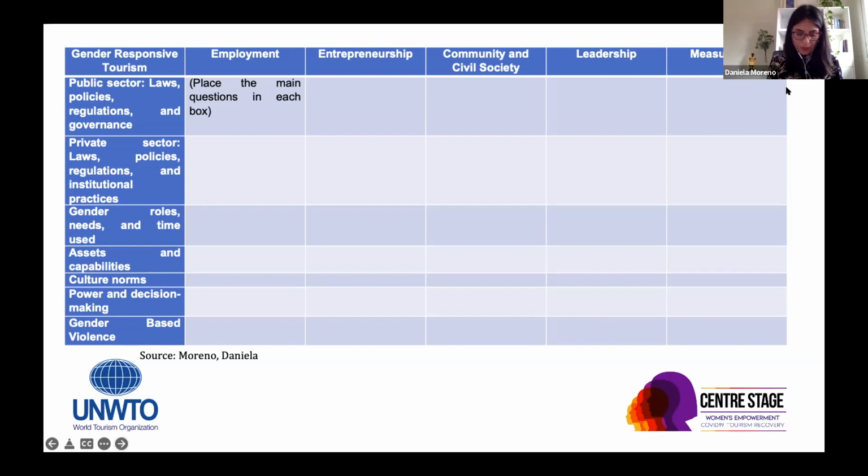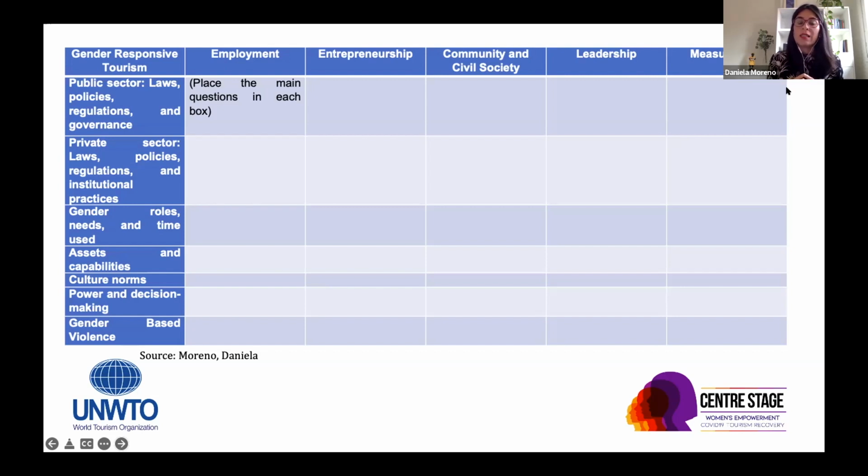Another point: now we are presenting matrix number 2 in very general terms, right? You are seeing here the gender responsive tourism matrix, but you can streamline this matrix. This means that maybe you are going to conduct a rapid gender assessment to inform a new national tourism strategy.